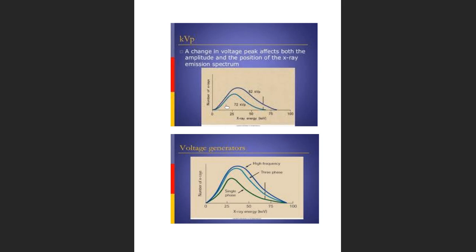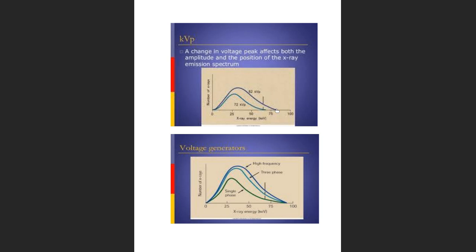But the curve itself shifts to the right because our actual peak energy is 10 kV higher. So we produced more quantity. You can see even at the low end, we produced more quantity, but the majority of the higher quantity comes to the right.